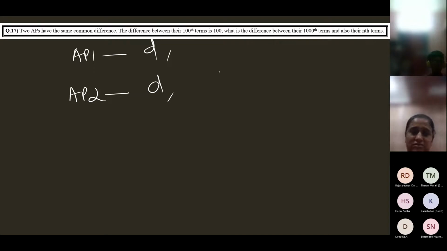So we have two APs, we call them AP1 and AP2. They have the same common difference, D. Obviously, the first terms have to be different, otherwise, if the first terms are also the same, it will be the same AP.